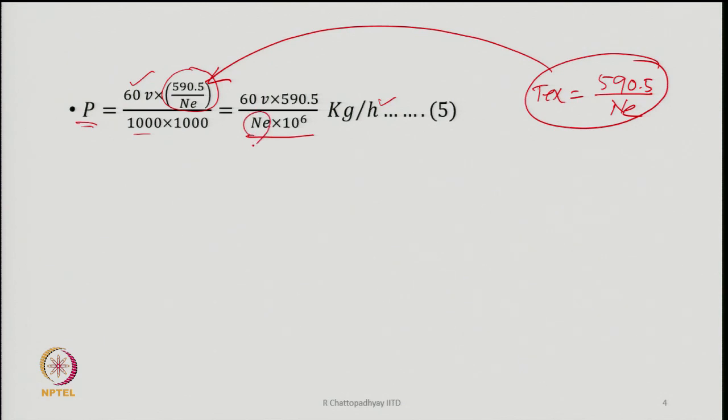Most of the time in the Indian textile industry, the counts are expressed generally in Ne. Therefore, we need to know the formula when the count is expressed in terms of Ne.